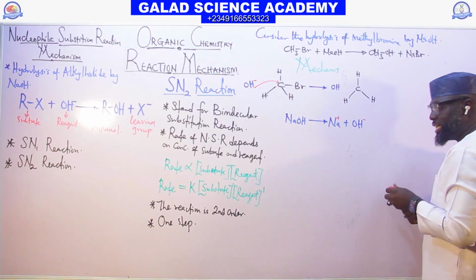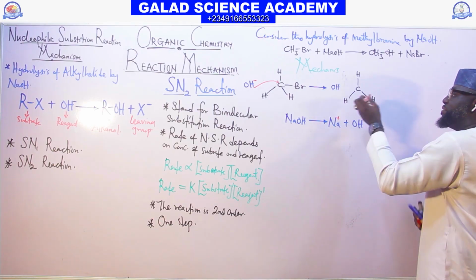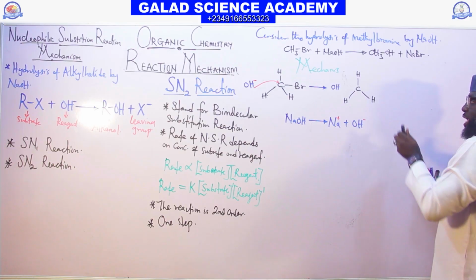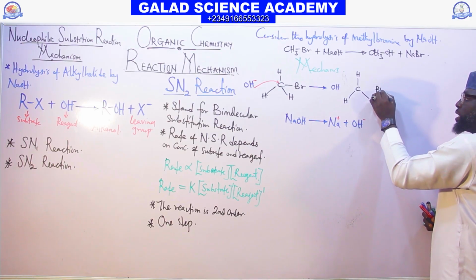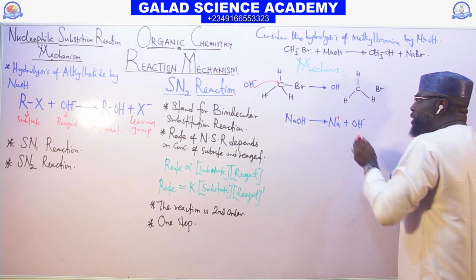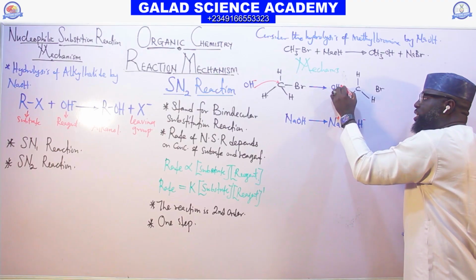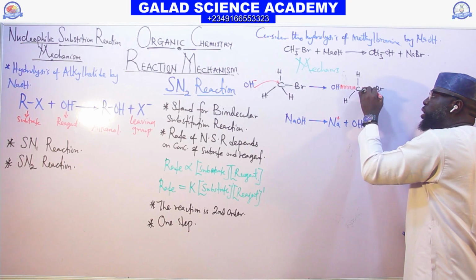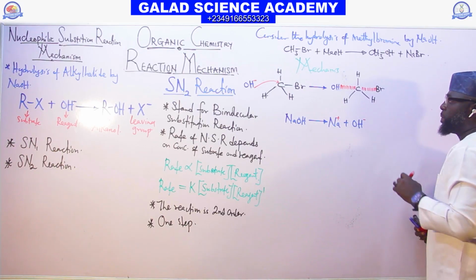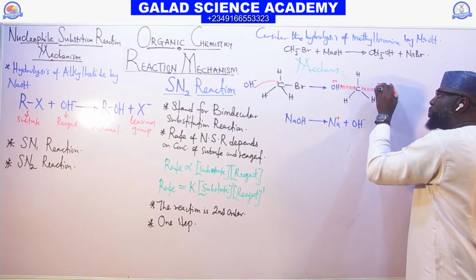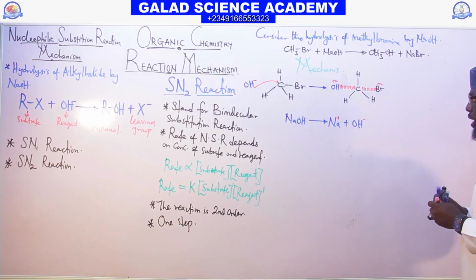And this bromine, the leaving group, we have in the front here. So between the OH and the bromine, this is also partial negative. This is also partial negative.